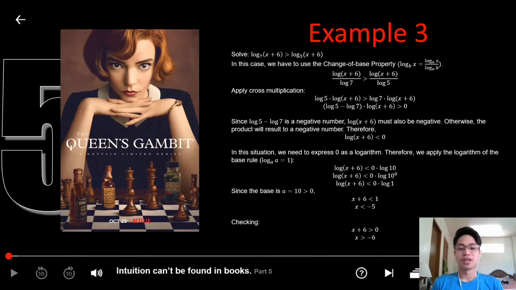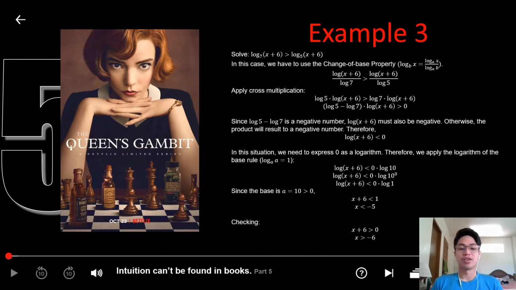And so we get log of (x + 6) divided by log of 7 is greater than log of (x + 6) divided by log of 5. After this, we apply cross multiplication, and so we get log of 5 times log of (x + 6) is greater than log of 7 times log of (x + 6). Evaluate, and we will have (log of 5 minus log of 7) times log of (x + 6) is greater than 0.